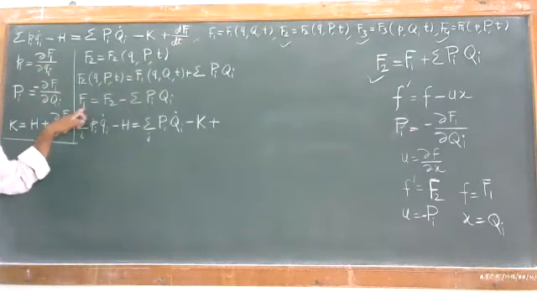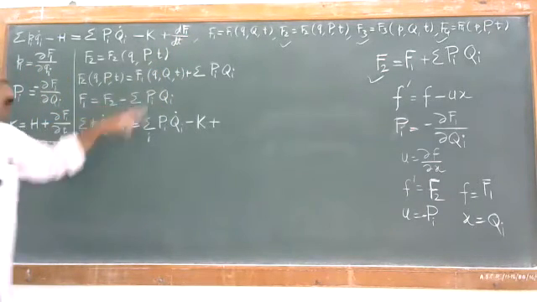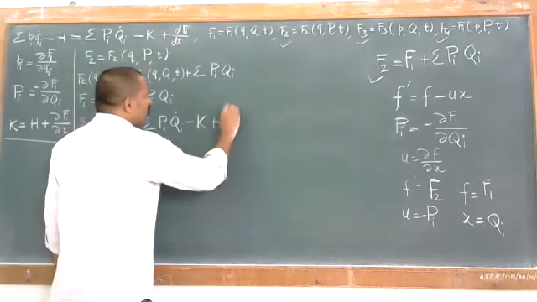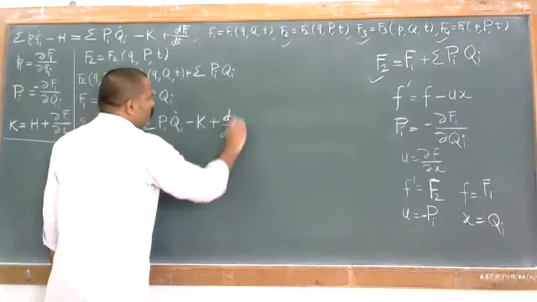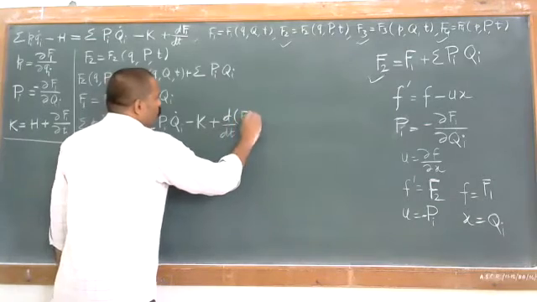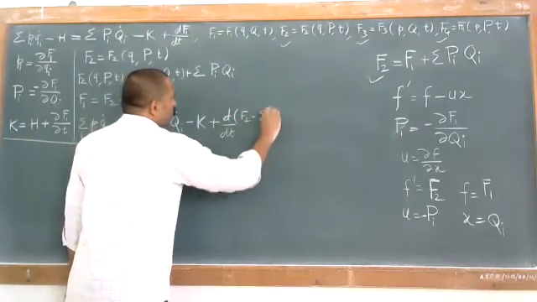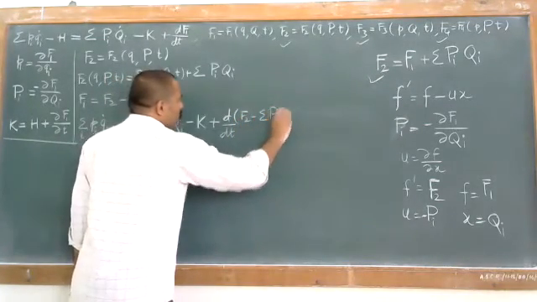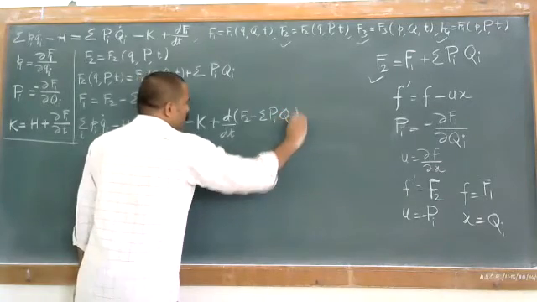What is f1? That is nothing but f2 minus summation over this pi qi. So I write this d dt of this f2 minus the summation over capital pi into capital qi.